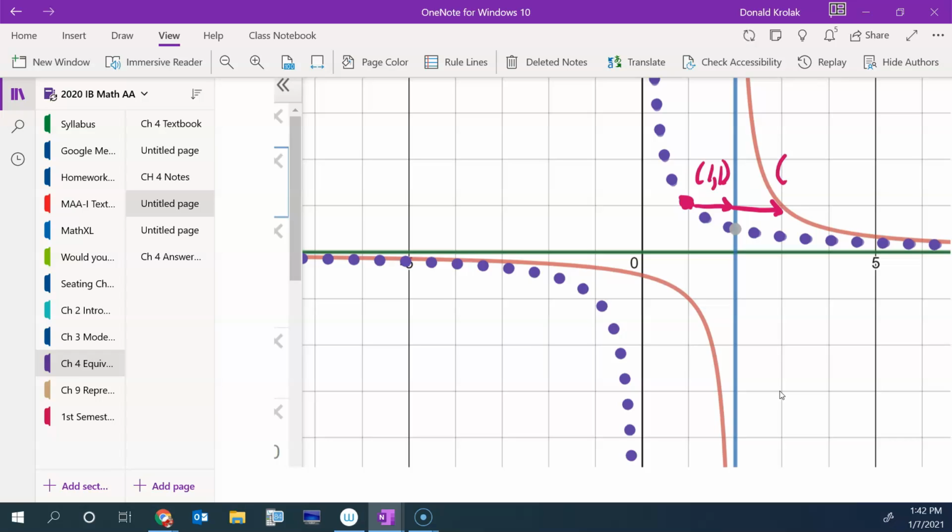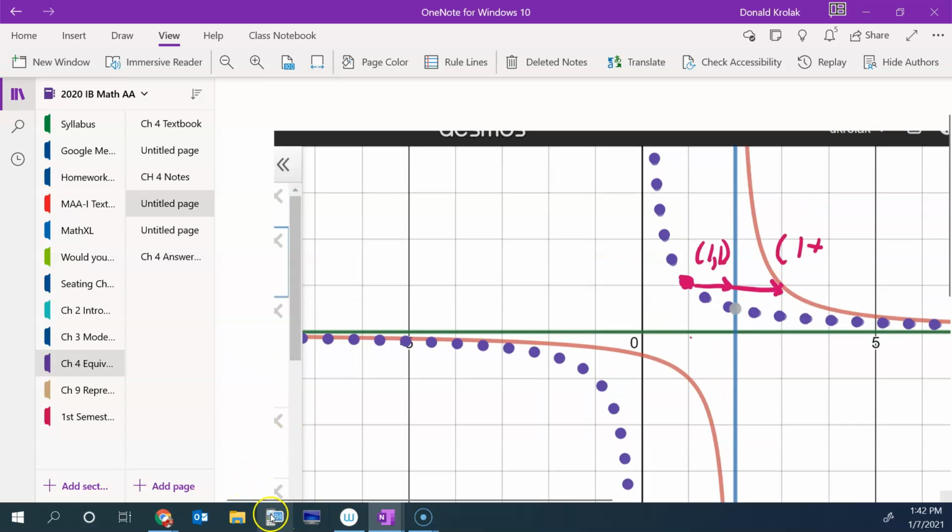So what the effect of this was, it took the 1 and it added, oh, I'm sorry, I got confused. Yeah, added 2, right.